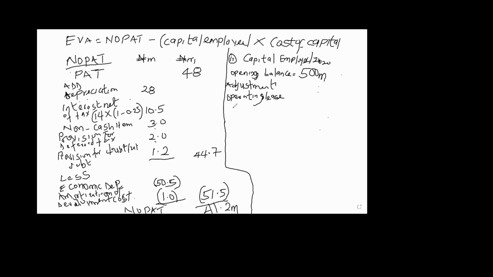Yes, you are correct. What is total asset in this business? 540. Less current liability, how much? 40 million. So what's your answer? 500, sir.